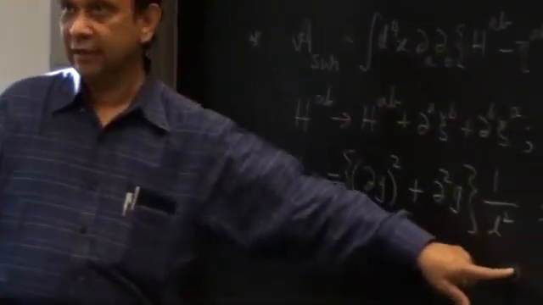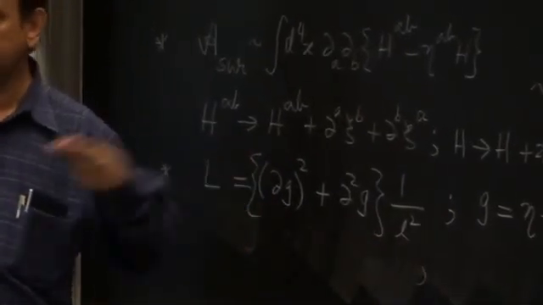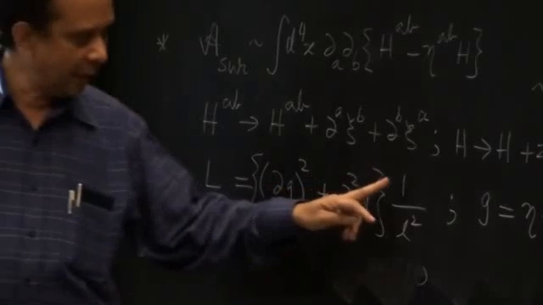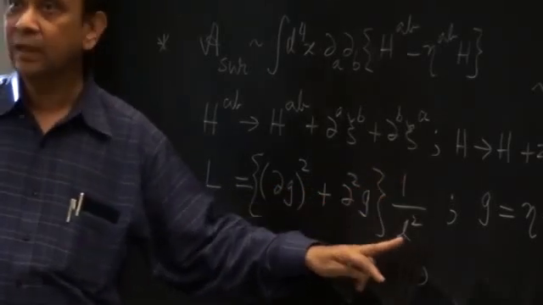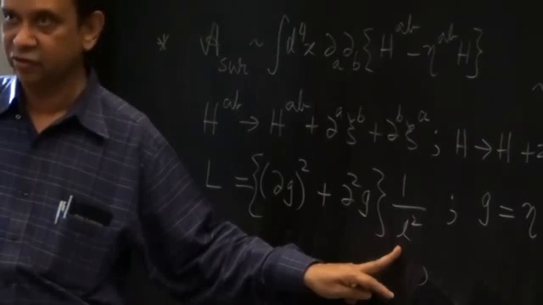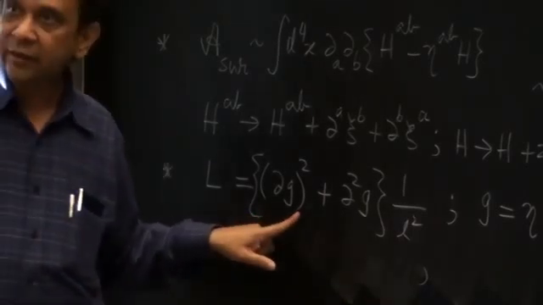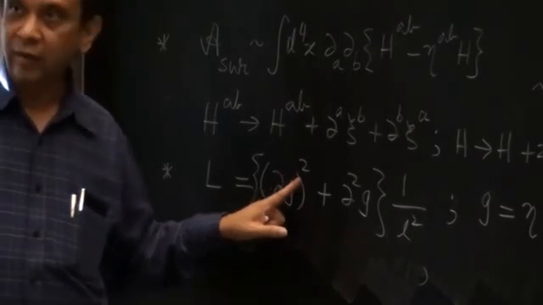Can you repeat why it's linear? Yeah. So if you look at the structure of the Lagrangian, now we are going reverse engineering. You start with the Einstein-Hilbert Lagrangian. It has a 1 upon 16 pi G, which I have written as 1 upon L square with the correct dimensions in natural units. Then there is one quadratic term in the first derivatives of the metric, which is (del g) the whole square.